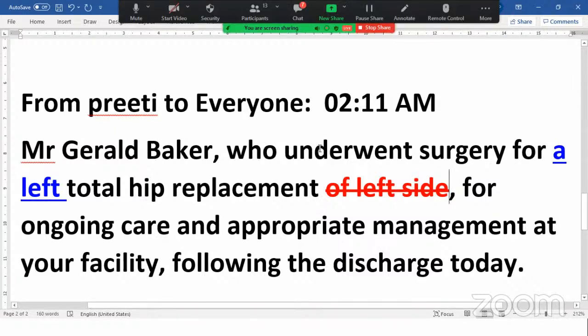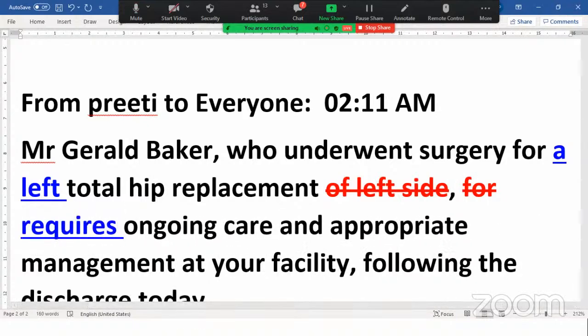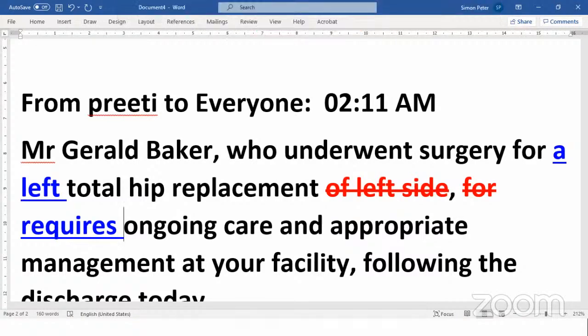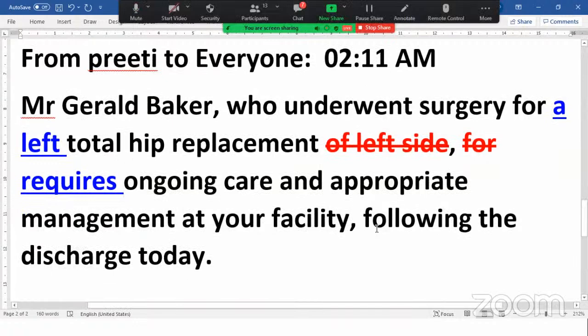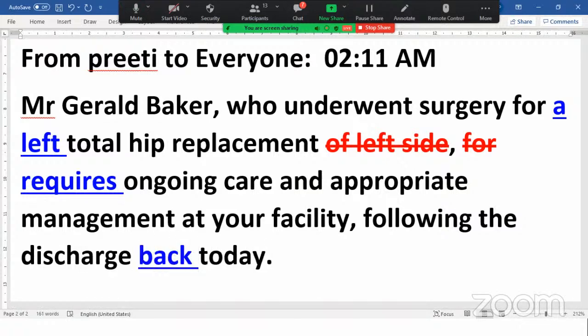Mr. Baker, who underwent surgery for a left total hip replacement, requires ongoing care and appropriate management at your facility following the discharge back today.